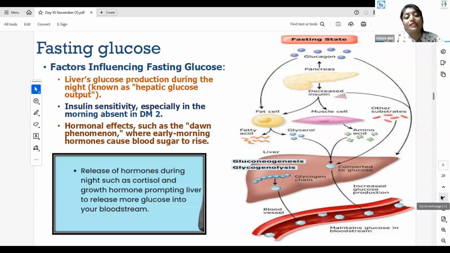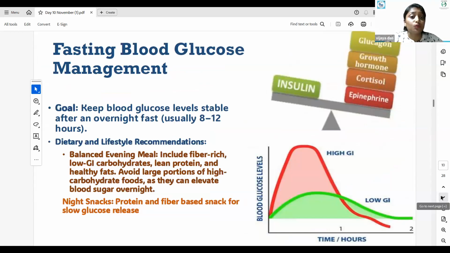So we can find ways by which we can at least control these counter-reacting hormones which are surging at the dawn. Insulin is one such hormone which can help us balance these counter-reacting hormones. So what do we do?